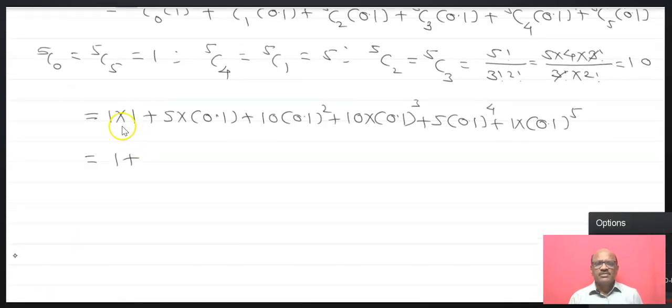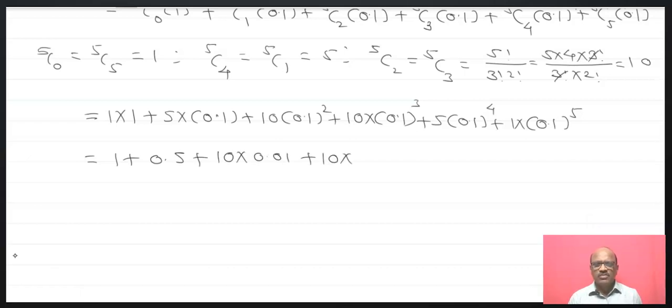Now see these values, that is 1, 5 into 0.1 raised to 1, 10 into 0.1 raised to 2, 10 into 0.1 raised to 3, 5 into 0.1 raised to 4, and 1 into 0.1 raised to 5. And their powers are 1 into 1, that is equal to 1, 5 into 0.1, that is 0.5.